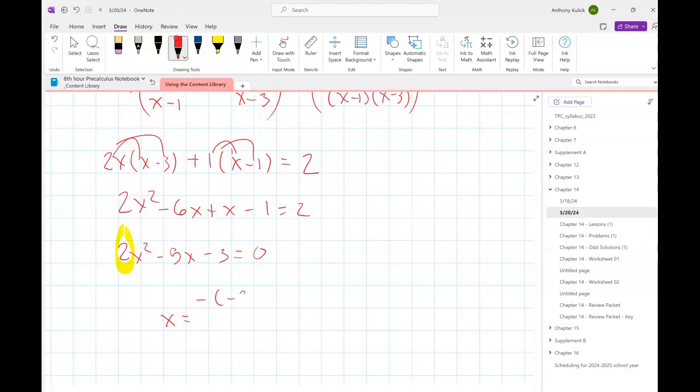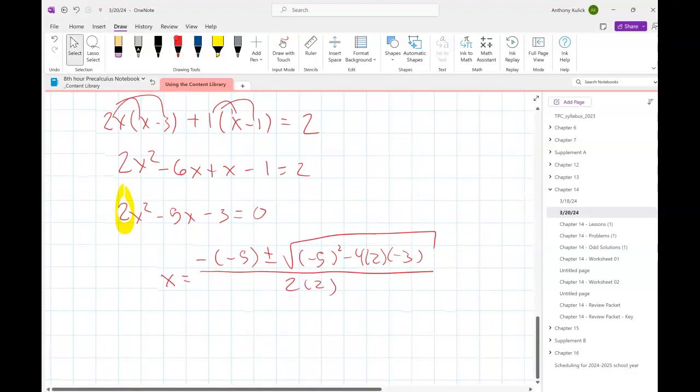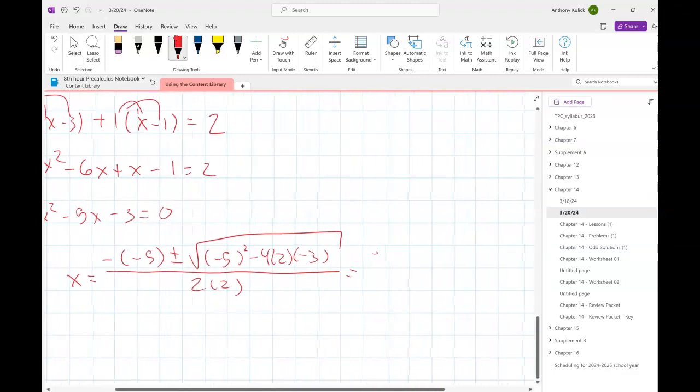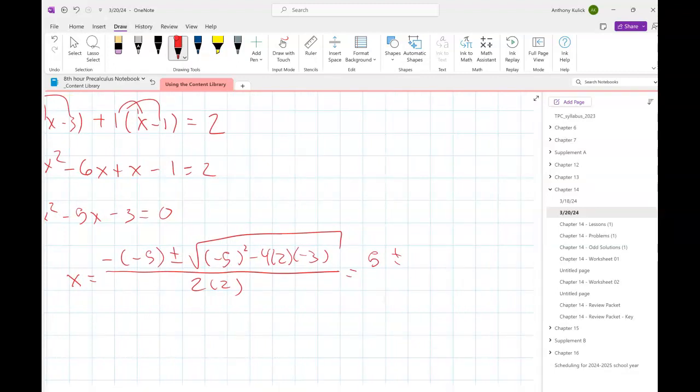So negative b plus or minus square root b squared minus 4ac all over 2a. So negative 5 squared is 25. Negative 4 times 2 times 3 is negative 40, or sorry, it's positive 48.